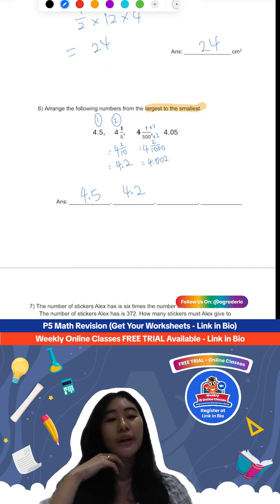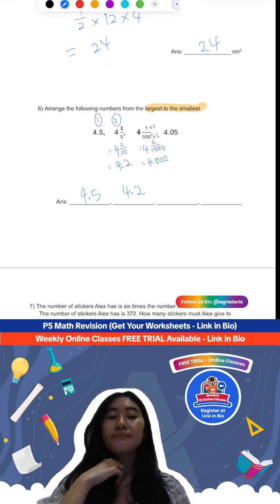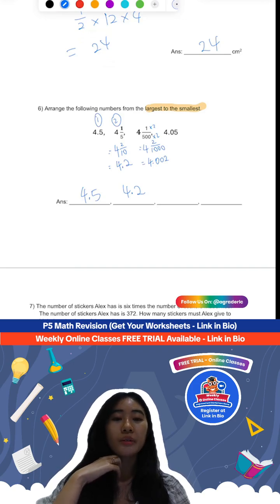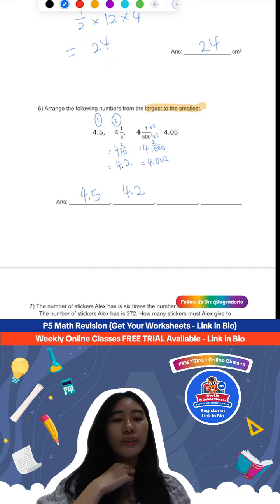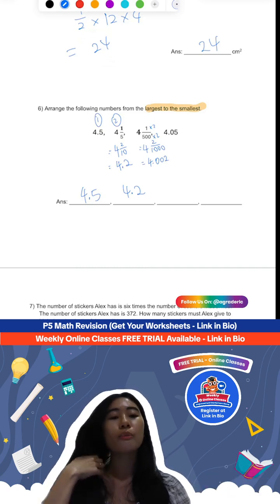Okay, now is this correct? What do you guys think? Is there something wrong with the answer? Who can point out what is wrong with the answer? Yeah, okay, so you guys are saying that it's wrong. But what's wrong? Why can't I write 4.2?